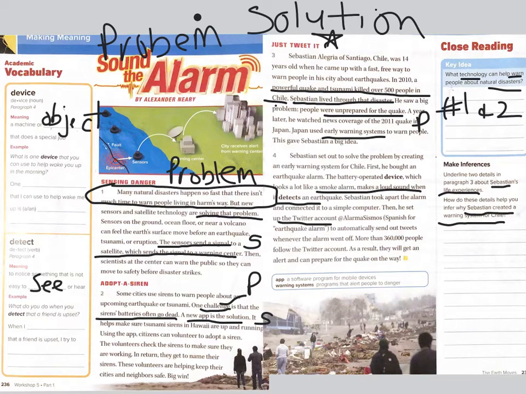Okay, so that's the information you're going to use to answer the next question. Sebastian created a warning system for Chile because, and you're going to say up here, he lived through the disaster.